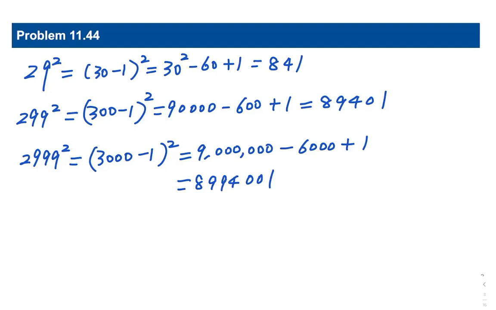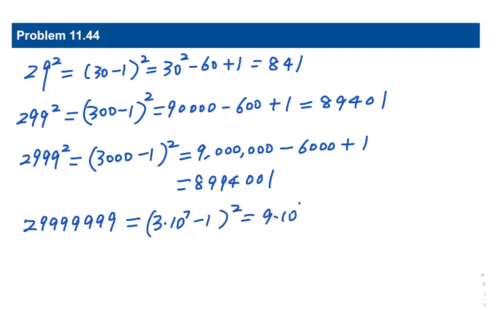How about the sum of the digits of 2 followed by 7 9s squared? This is 3 times 10 to the 7 minus 1 squared: 9 times 10 to the 14 minus 6 times 10 to the 7 plus 1.